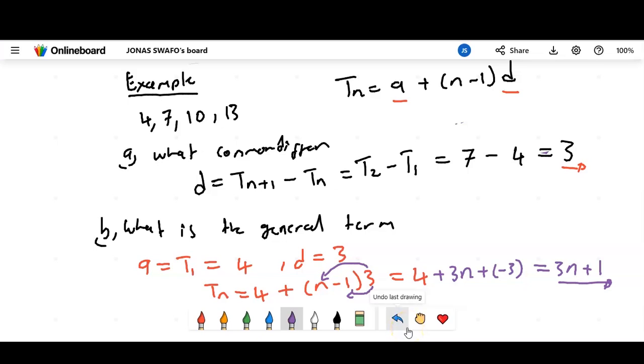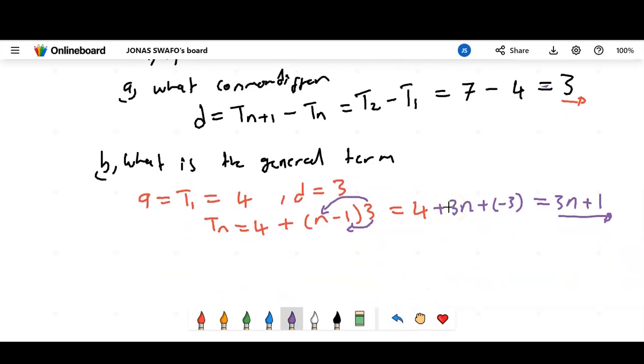Another typical question they might ask you is, what is the value of the 25th term of the sequence, right? If they're asking you for the 25th term, they're looking for T25 of this sequence, you're going to use your general term.